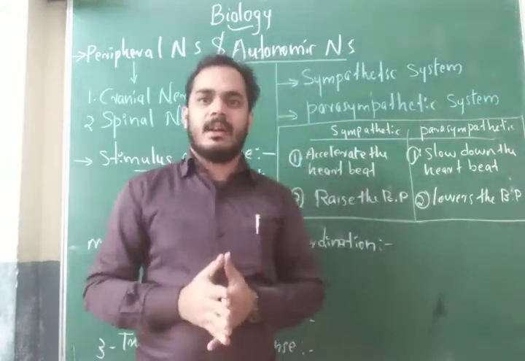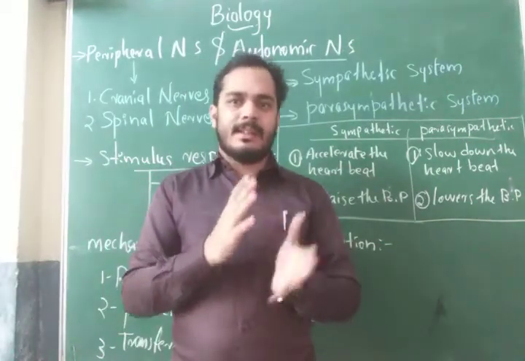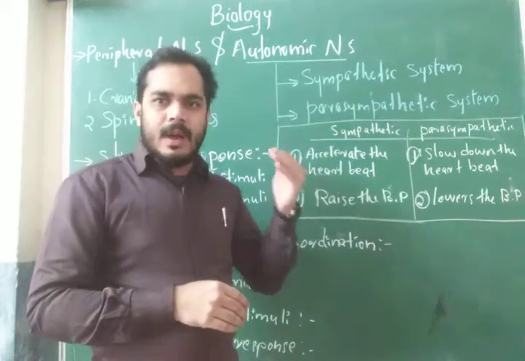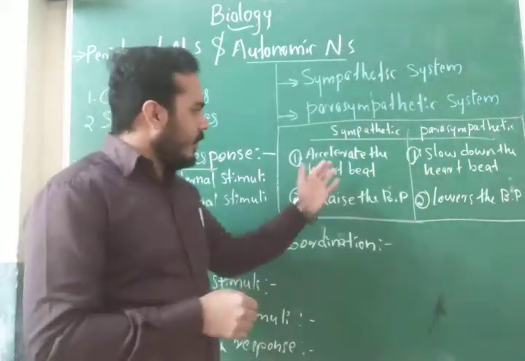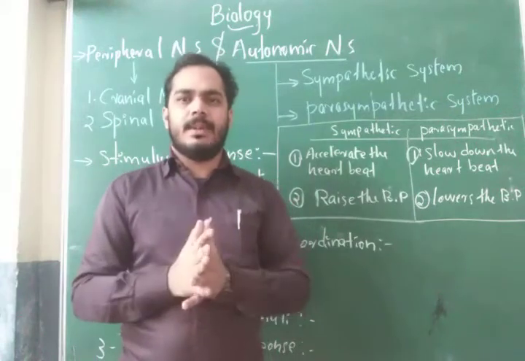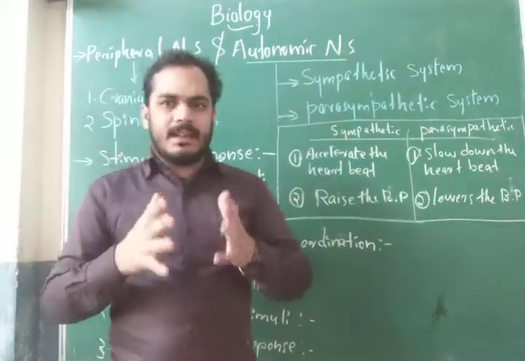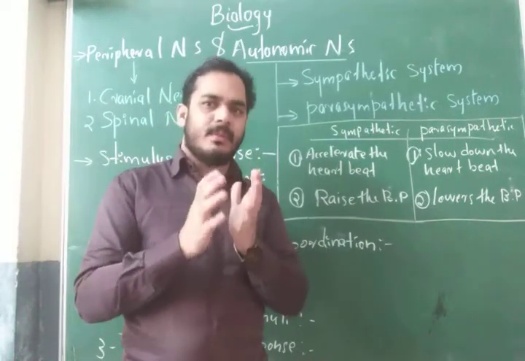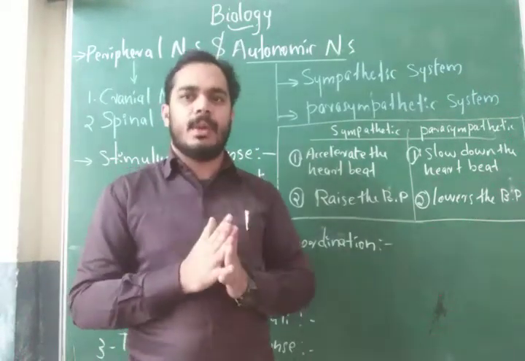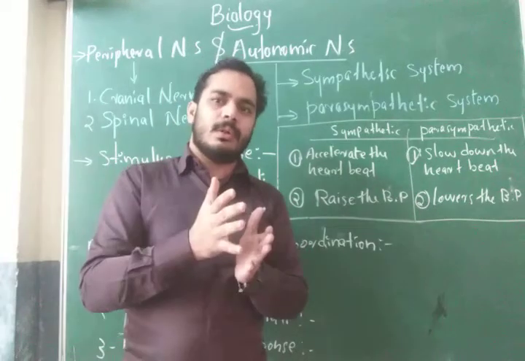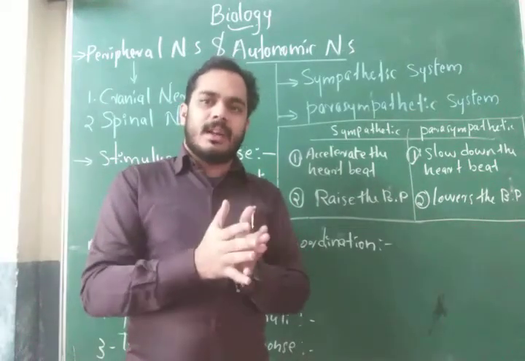I will explain the parasympathetic and sympathetic. There are two actions given here. The first one, the sympathetic system, produces some of the actions done in the body, and the parasympathetic action controls the sympathetic action.